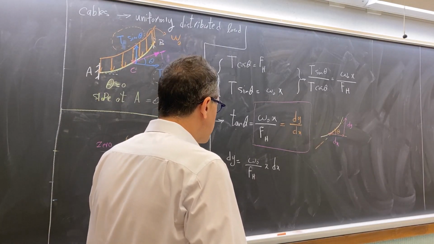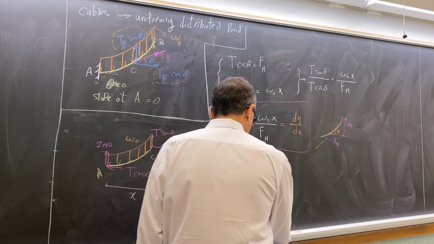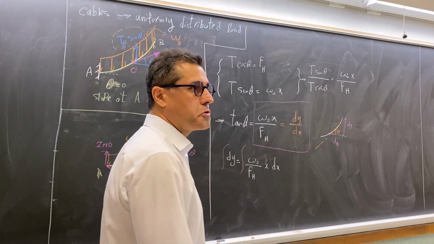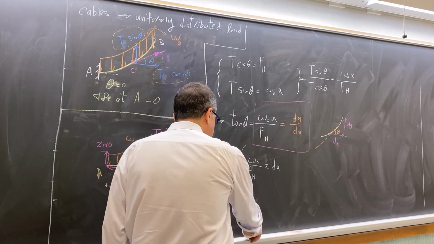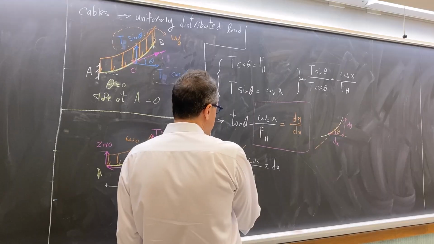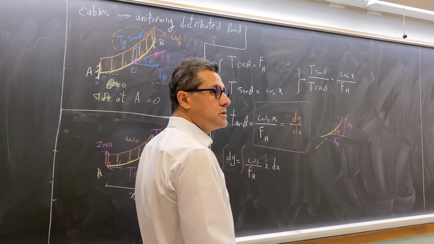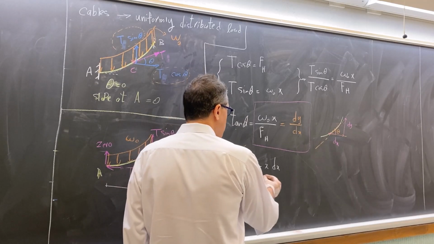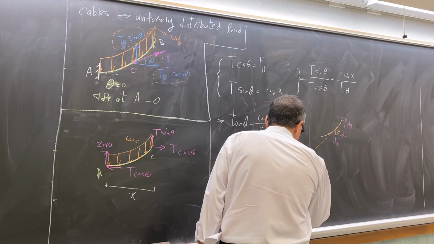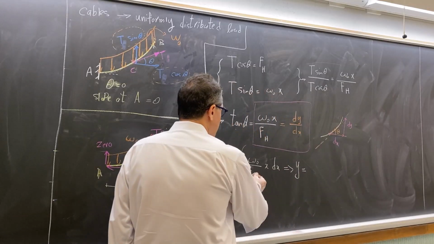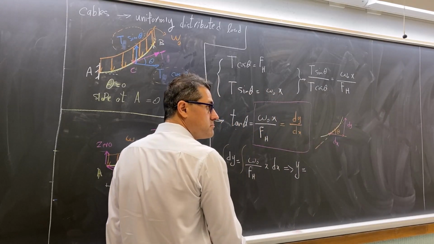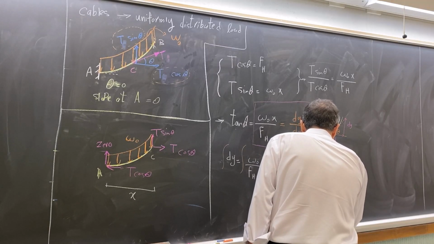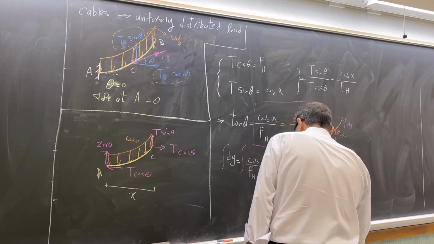And from here, I am going to apply integral. So I just want to integrate two sides of the equation. You remember integral and differential are enemies. They cancel each other. So integral of differential of y means just y. And you know integral of this, I'm sure you know, it is omega over 2 times Fh, x squared.